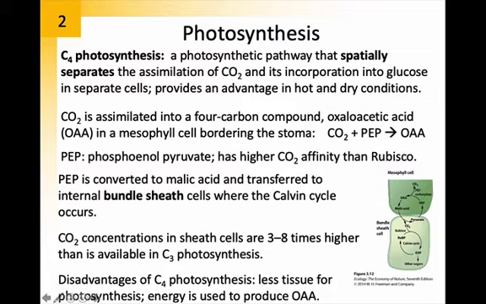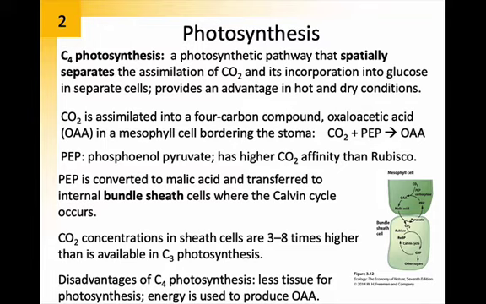The enzyme that does this is PEP carboxylase, phosphoenol pyruvate carboxylase. The good thing about phosphoenol pyruvate carboxylase is that it has a higher affinity for CO2 than Rubisco. So you can drive photosynthesis at lower levels of CO2, and you don't have to keep your stoma open quite as long.